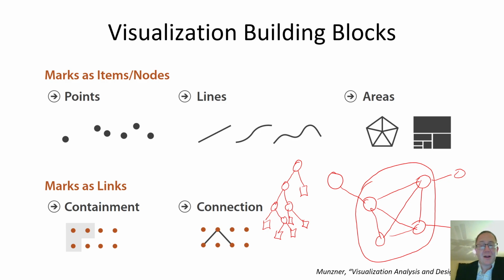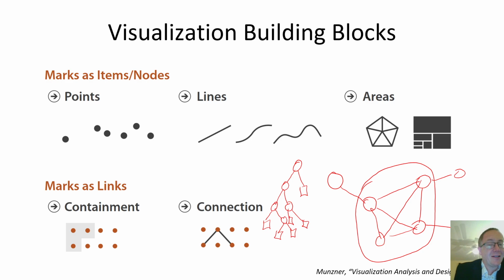But notice what else I have with a node link diagram. I'm indicating connectivity with lines, not indicating necessarily direct data. It's just connectivity. I can also indicate containment. These are the elements that are contained in this clique. Containment using area. Marks are not just for the items themselves.